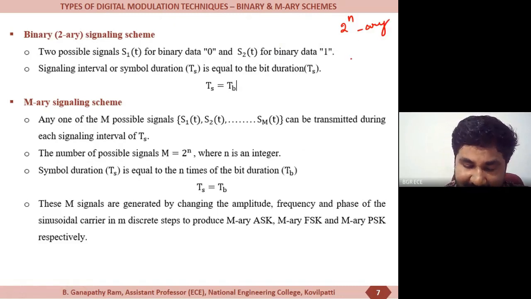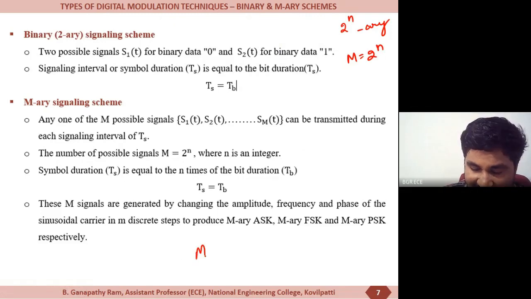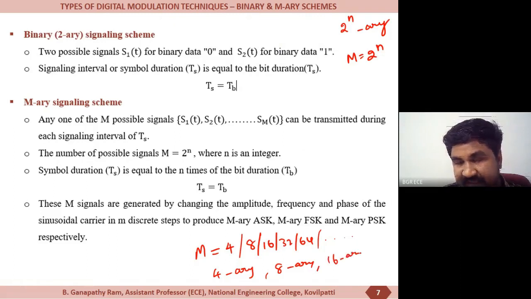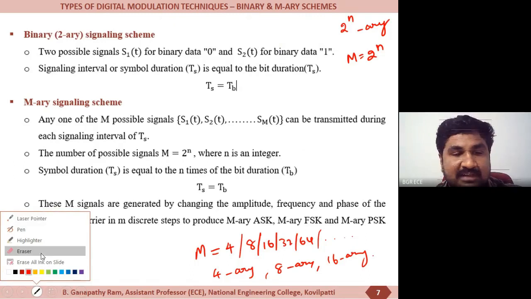So M can be represented as 2 to the power of n. So M can have the possible values of 4, 8, 16, 32, 64, and it goes on. So we can categorize the signaling as 4-ary signaling, 8-ary signaling scheme, 16-ary signaling scheme. Like that we can make the nomenclature.